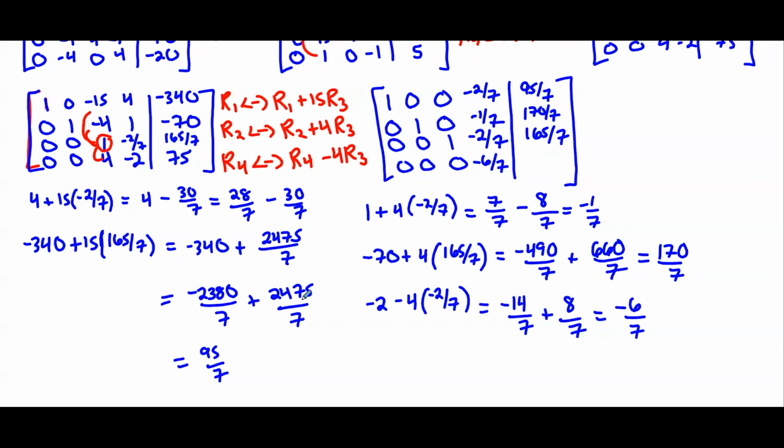Okay, and then we have 75 minus 4 times 165/7. So let's see. Again, I got to use my calculator. 525/7 minus 660/7 is negative 135/7.